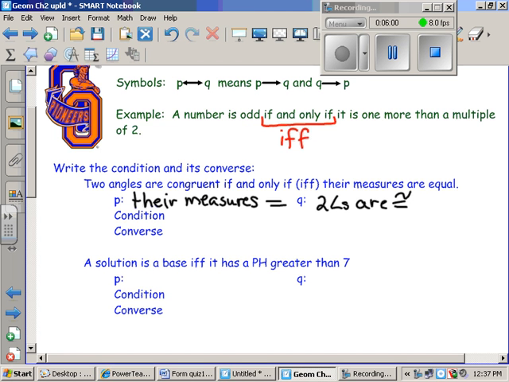Okay? All right, so then what's the conditional? If that's my hypothesis and that's my conclusion, what's the conditional? Just the conditional, if-then.